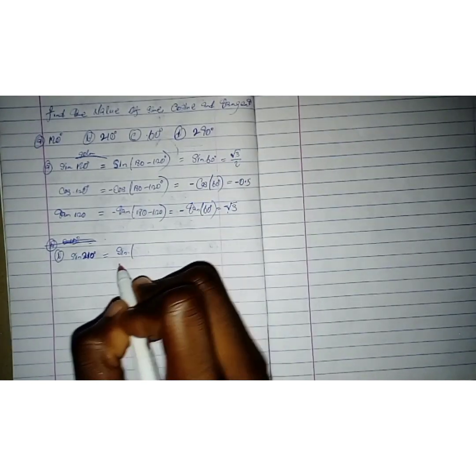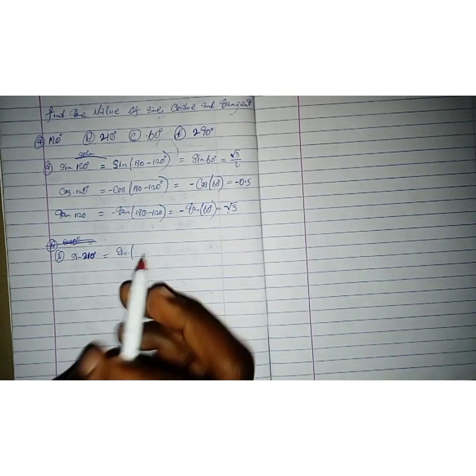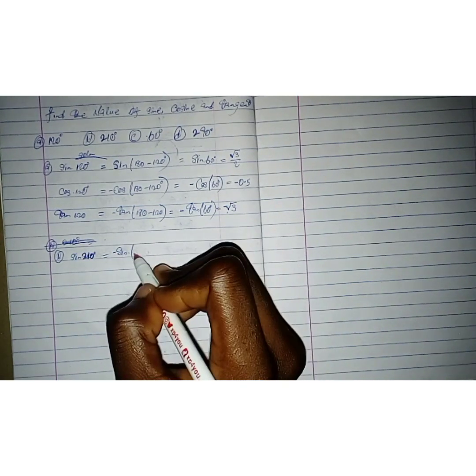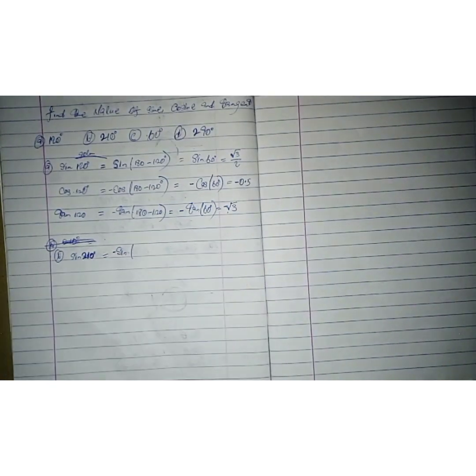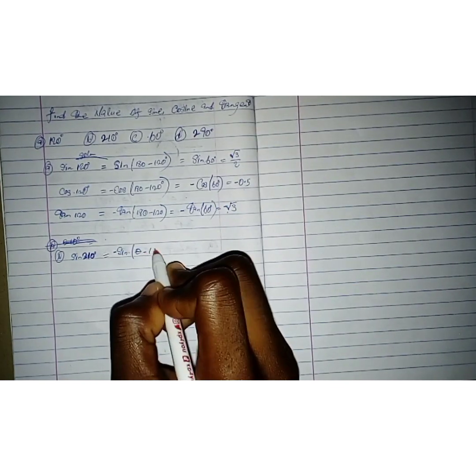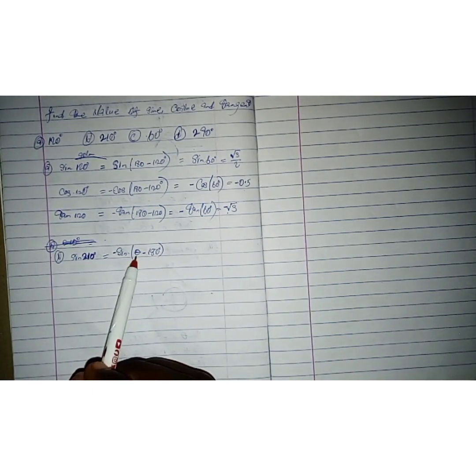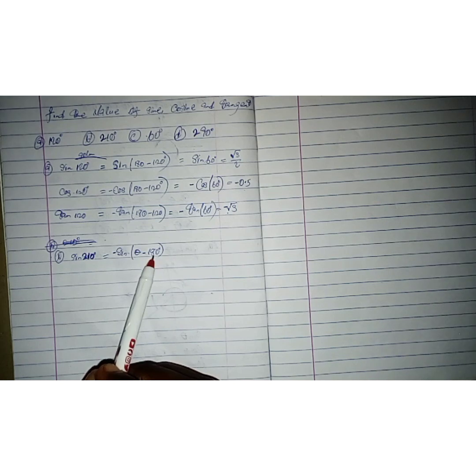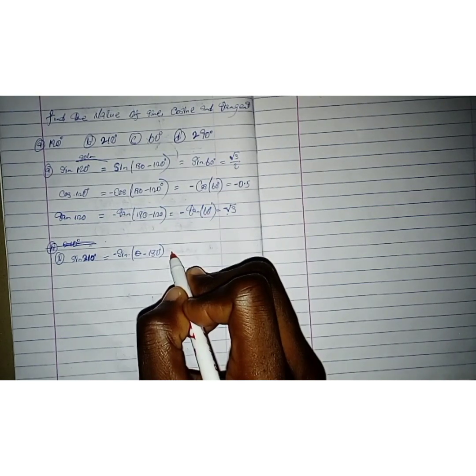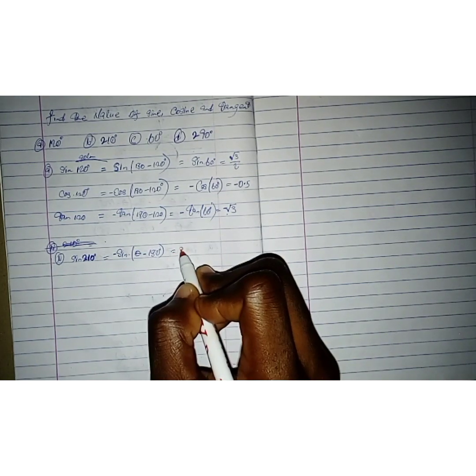So sine 210 would give you negative sine of theta minus 180 degrees. At the third quadrant, you know that it is theta minus 180 degrees. That gives you the angle that subtends to the horizontal. So theta is 210.